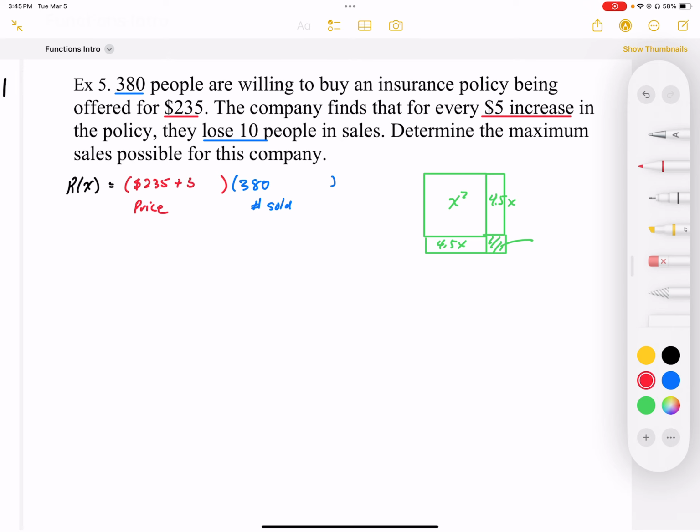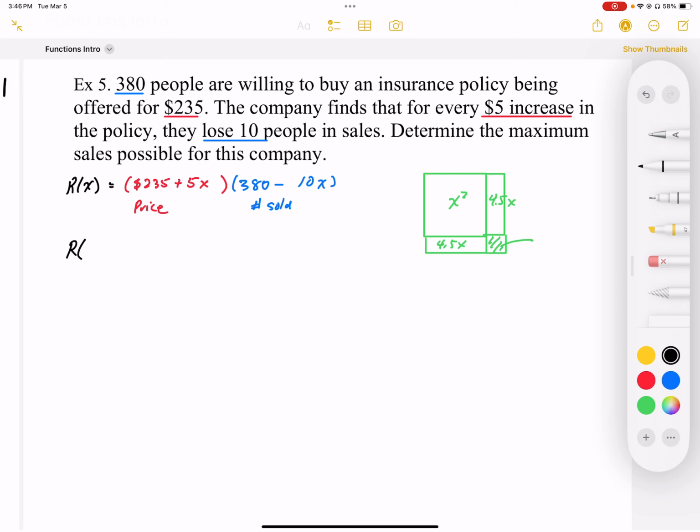So we're going to increase the price by 5x. And if we increase by 5x's, we're going to decrease the sales by 10 people in groups of x. So as it goes up by 5, it's going to go down by 10, and it's a relationship as we change x. So there's our quadratic function.